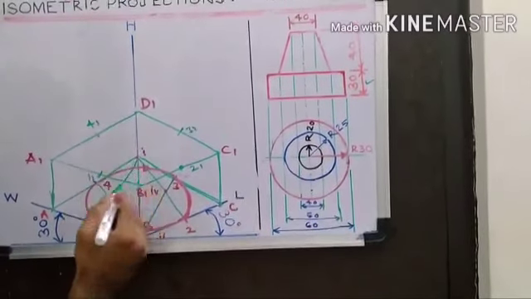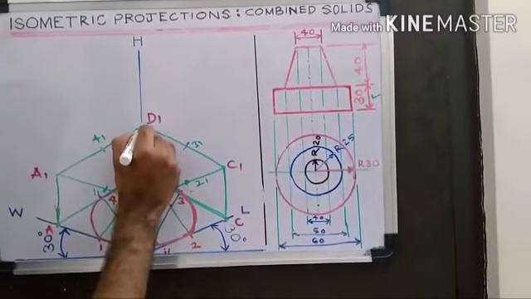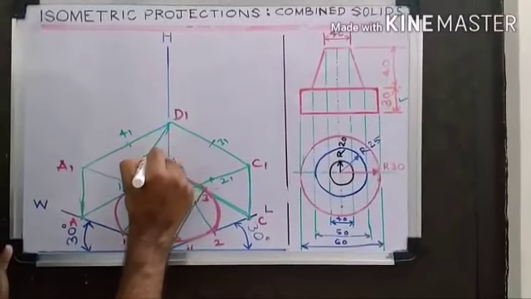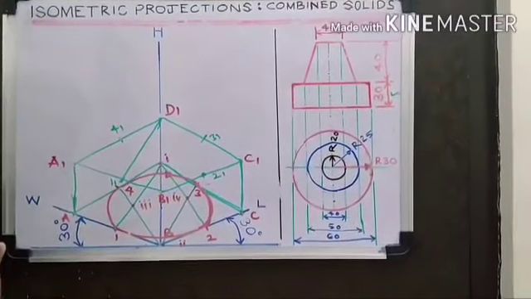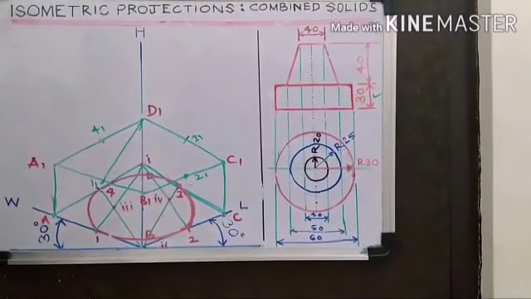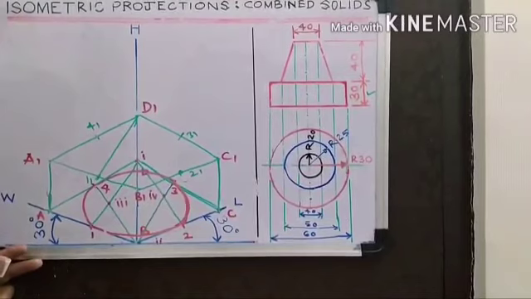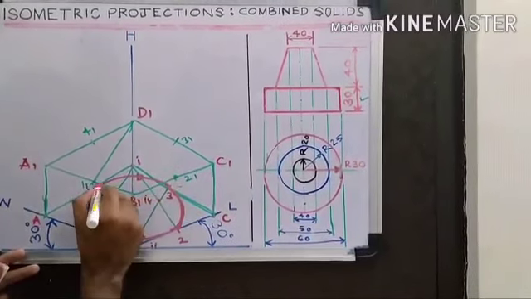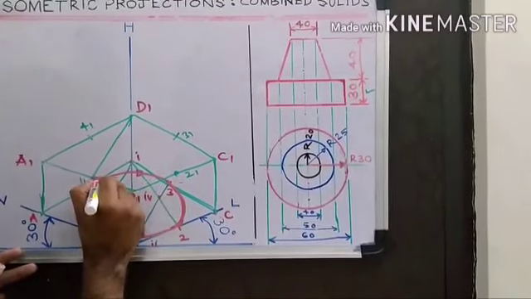Now you can see D1 to 1 suffix 1 as the radius, D1 as the center. Draw an arc by using a compass between the points 1 suffix 1 and 2 suffix 1.